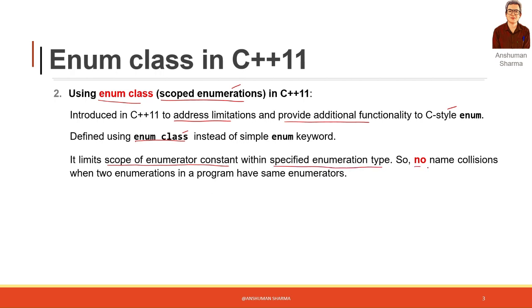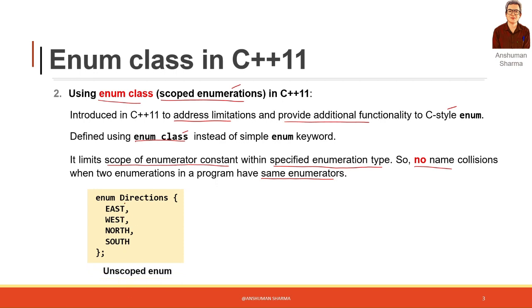So there are no naming collisions when two enumerations have the same named enumerators. This was the basic advantage of enum class over the enum keyword available in earlier versions. For example, we have the earlier version unscoped enum, which declares the user defined type that we have created, and the values it is holding.